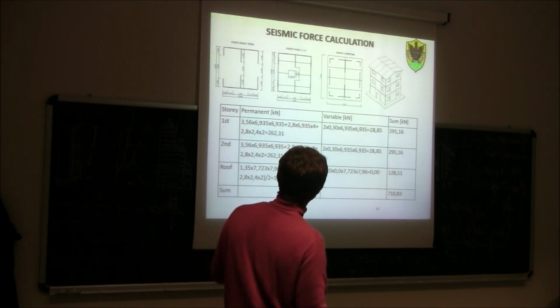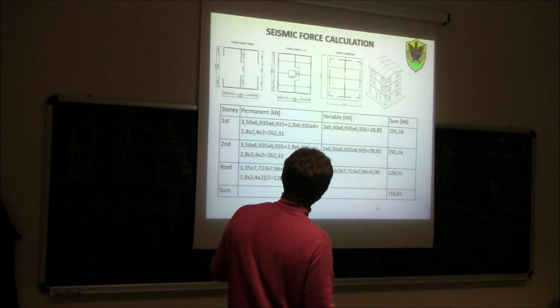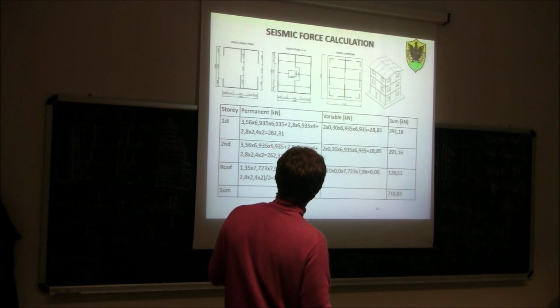What is this? So this is 6.935, this is the wall, 6.935 times 4, because we have 4 sides, times 2.8.